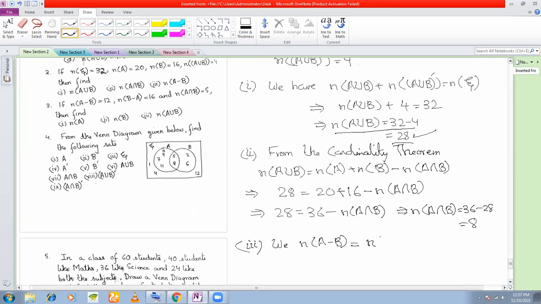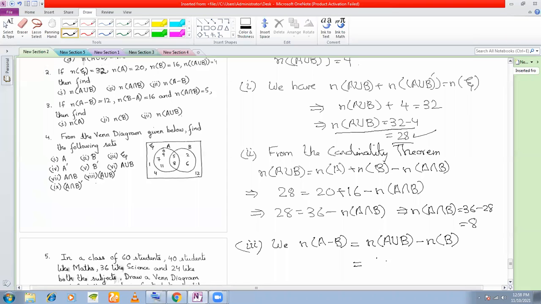From the Venn diagram, you can check that cardinality of A minus B is nothing but cardinality of A union B minus the cardinality of B. Now tell me what is the cardinality of A union B that we have found out?